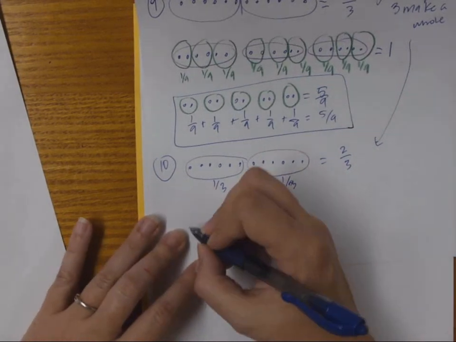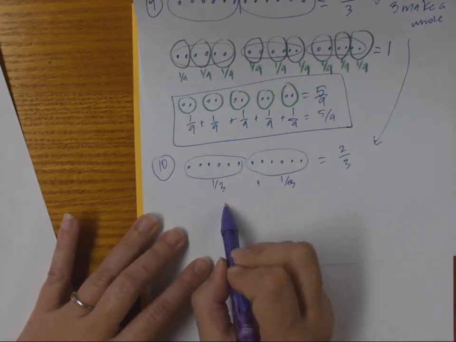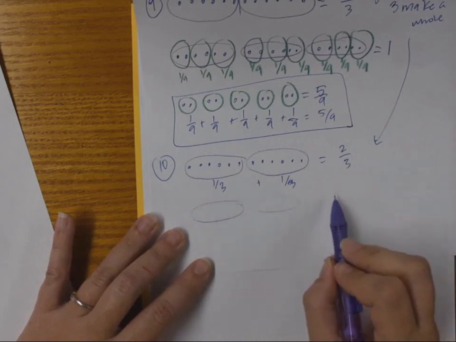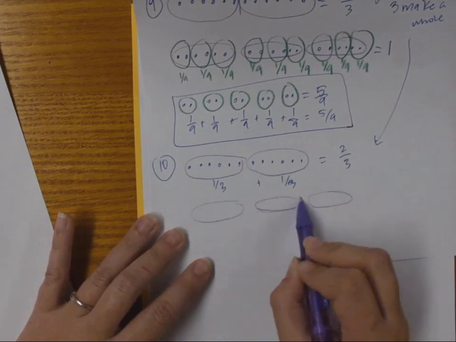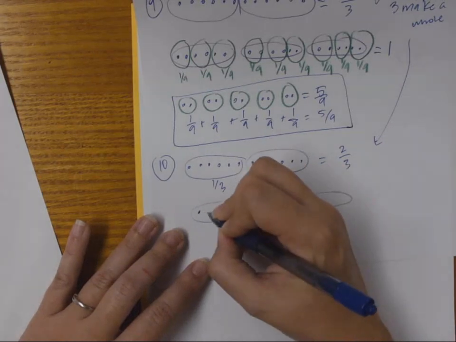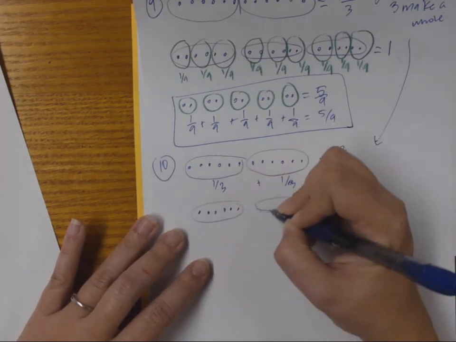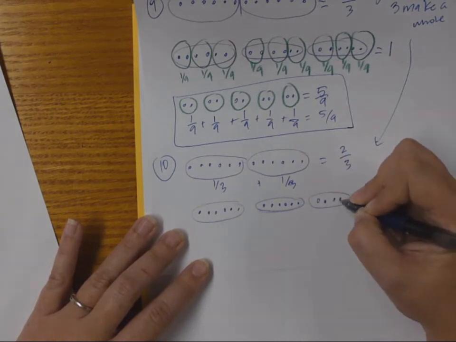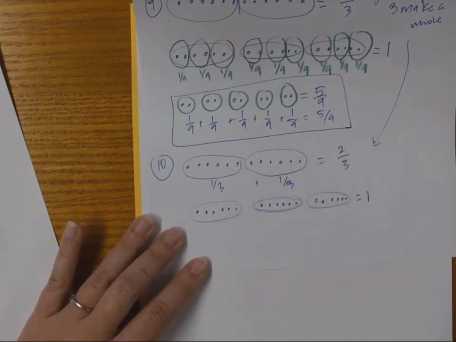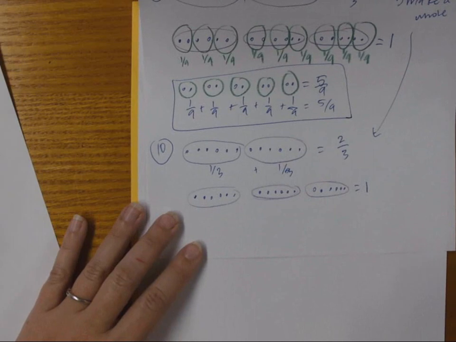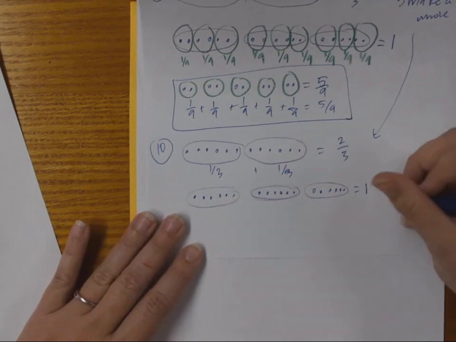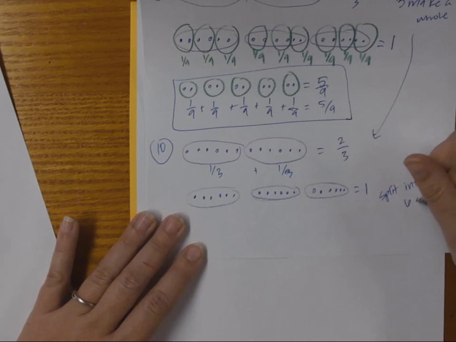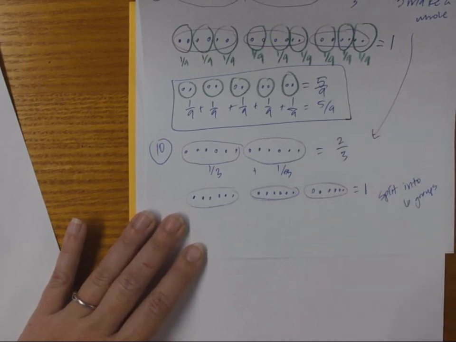3 parts make a whole, so let me draw my whole. My whole would be 3 of my purple circles, 6 dots in each of the groups. So this is my whole. Now I need to show 5/6. So I need to split into 6 groups.